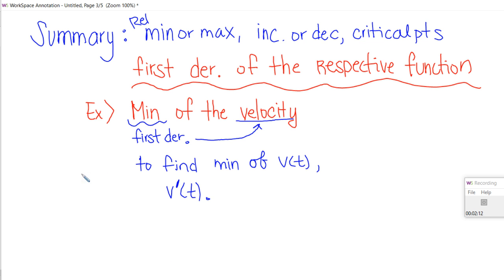Now, here were the steps. To find the min or max of a function, we had to look at the first derivative. So we took the first derivative. That is the very first thing that we did. And then we figured out where the first derivative equals 0. And remember the reason why we figured out where it's 0?